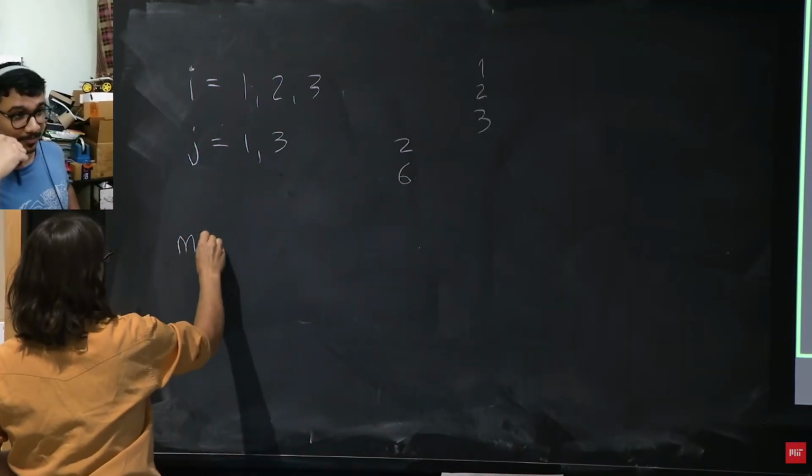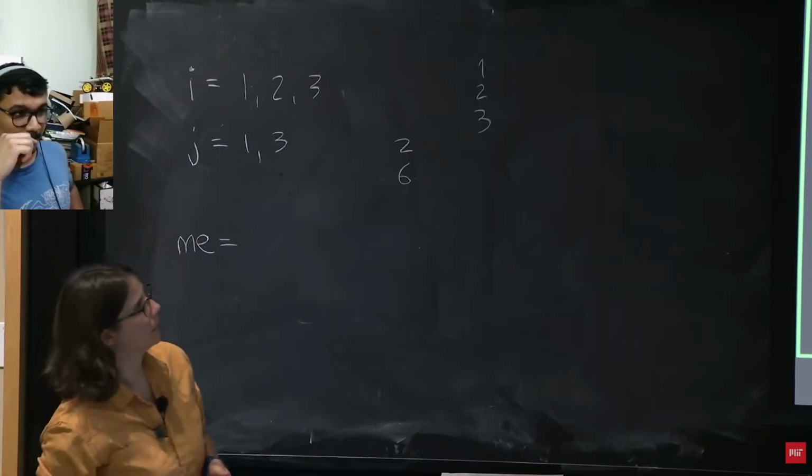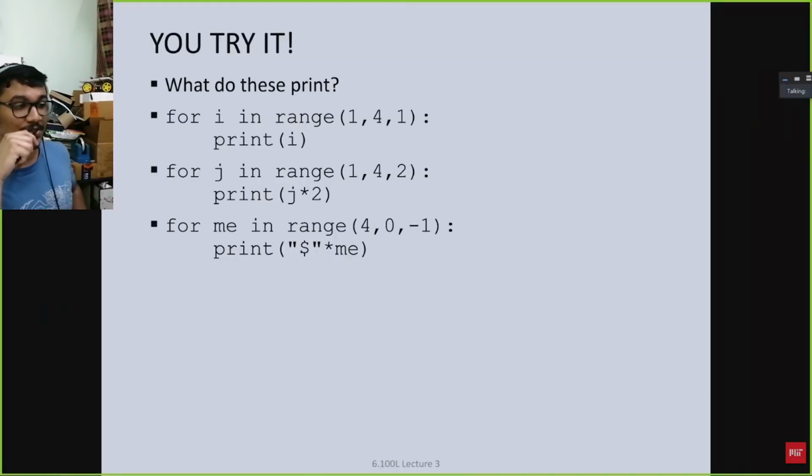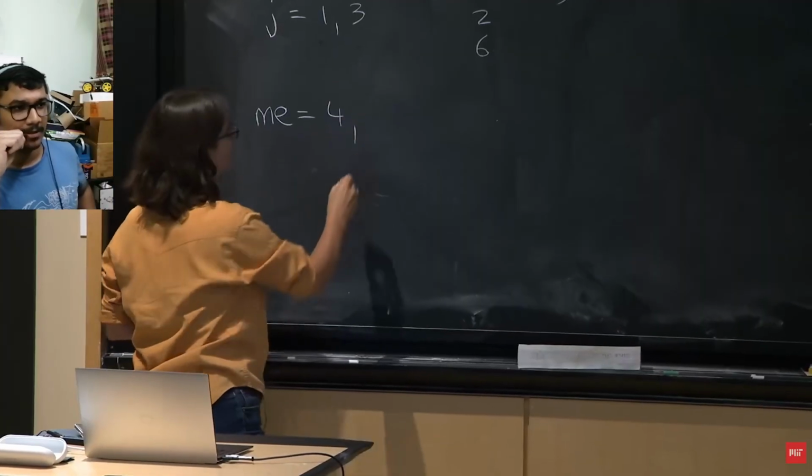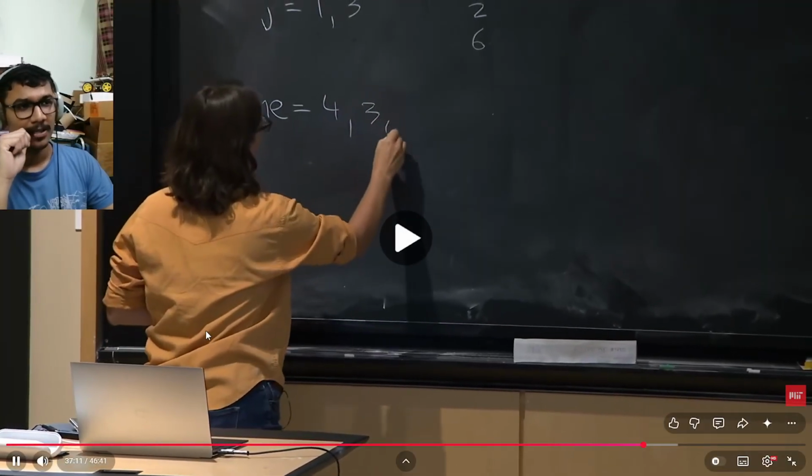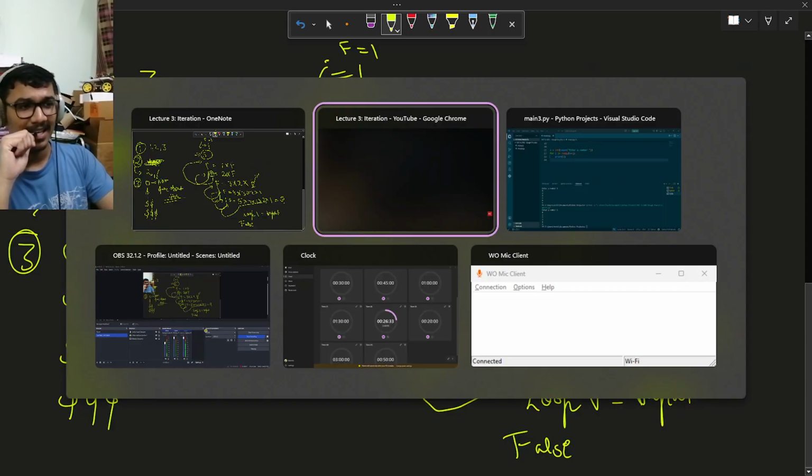And how about the last one? We're stepping backward, right? The -1. So what's our start? 4, then 3, 2. Oh, is that so?